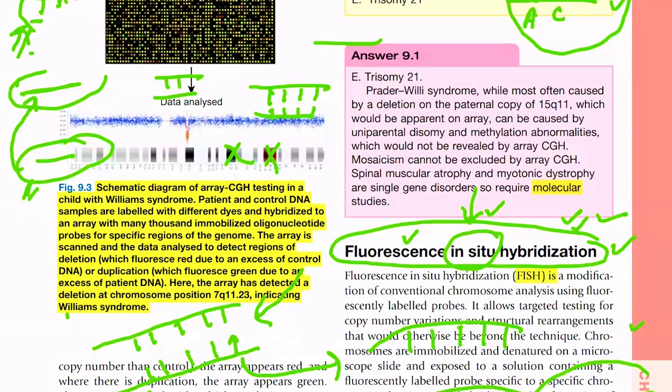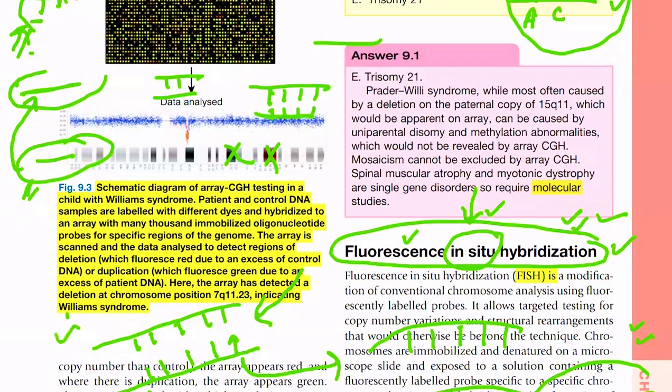So this will confirm that this case, suspected to have a problem at chromosome number 22, does. When I allowed them to hybridize, there was appearance of fluorescence at chromosome number 22. It means yes, a defect is present in the chromosome. What I was suspecting clinically, that a defect is present here, I can confirm by my fluorescence in situ hybridization.